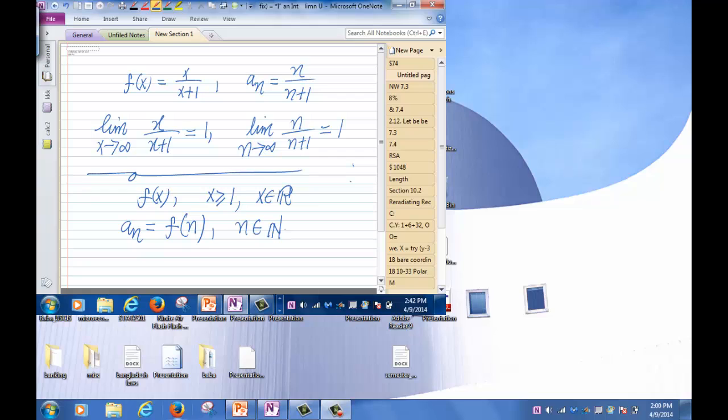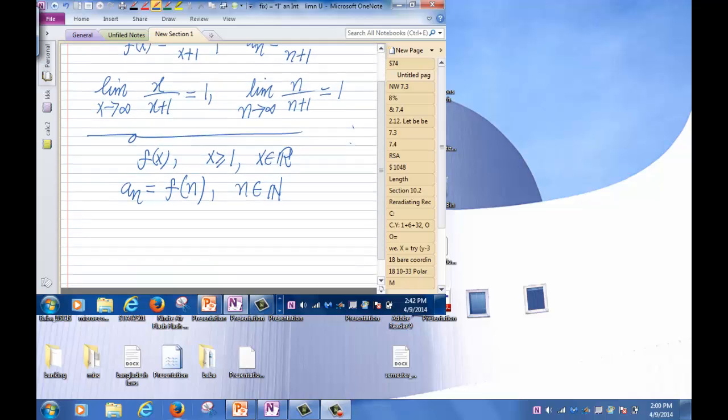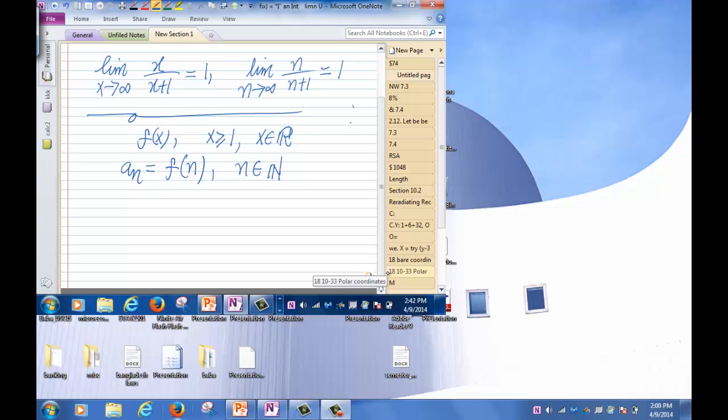Okay? So I can define a sequence as an is f of n, right? Anytime I do that, I define a sequence out of a function defined on the interval from 1 to infinity, then the limit of an is the same as the limit of f of x.